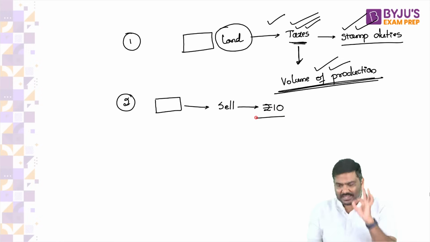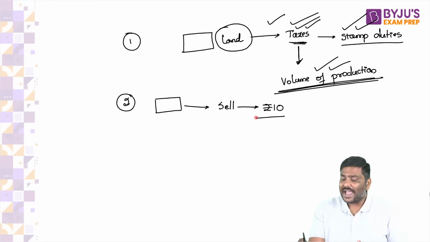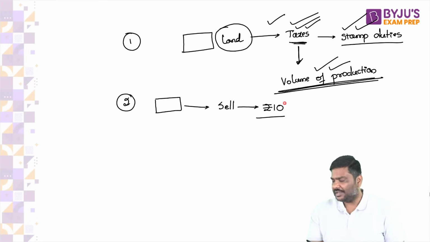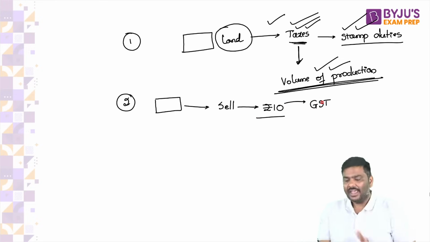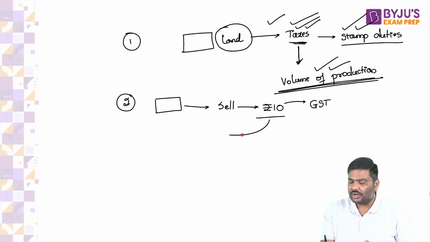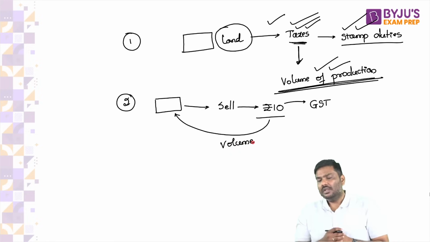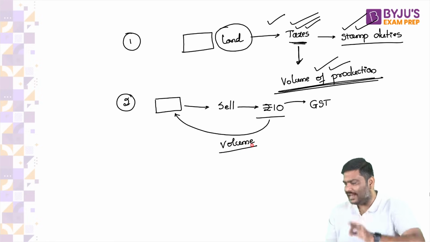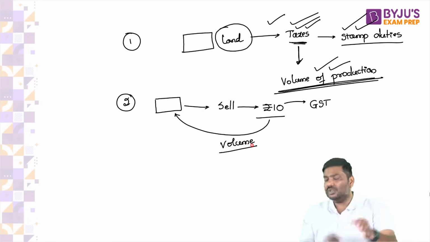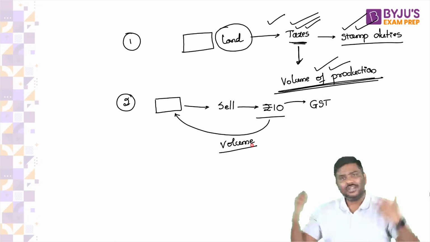Now, please tell me, this tax of 10 rupee, example GST, can I say, is directly connected to volume of production that you're doing? Please do let me know. This example, second example, the tax that government is imposing and collecting, is it related to the quantity or volume of production that you're doing?